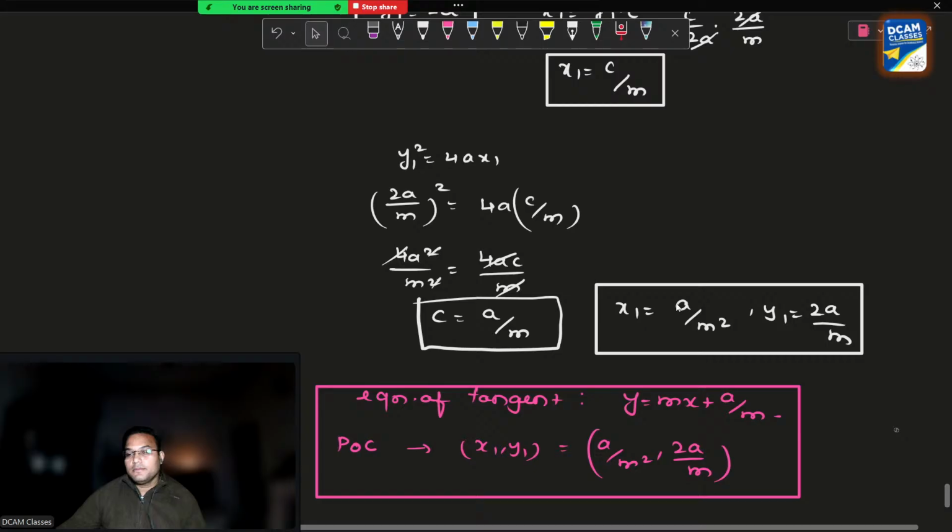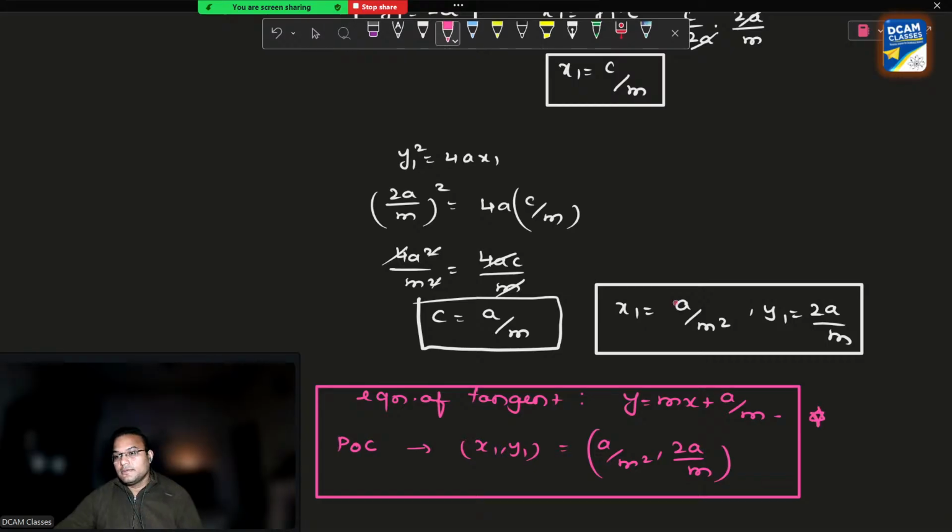But much beyond that, I want you to remember this equation, because in JEE Main questions you will be able to solve many of them just by knowing the slope of the tangent using this. The point of contact also you'll find very easily using this, so it helps. I'll give you a question.